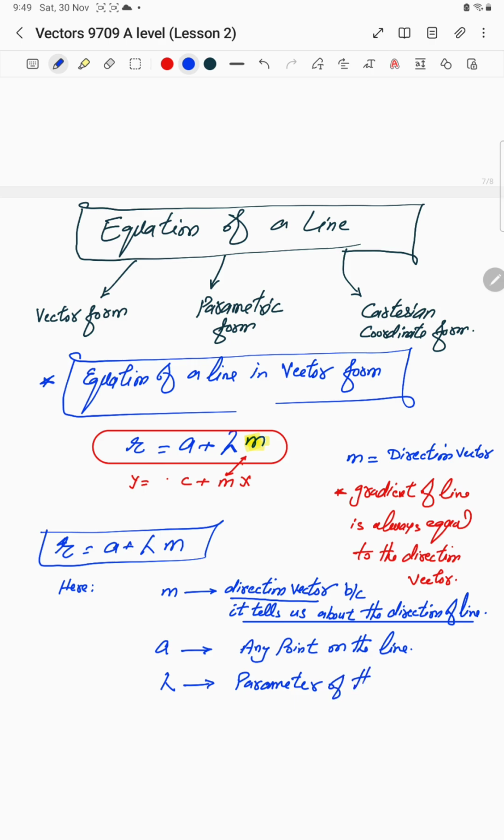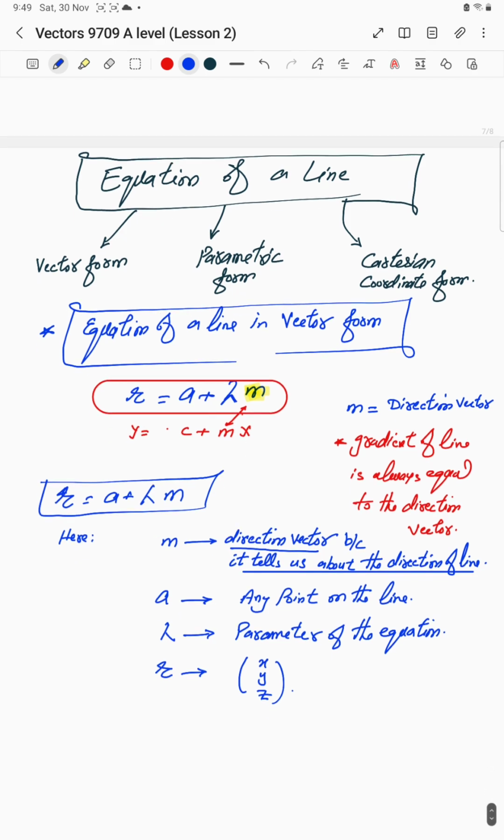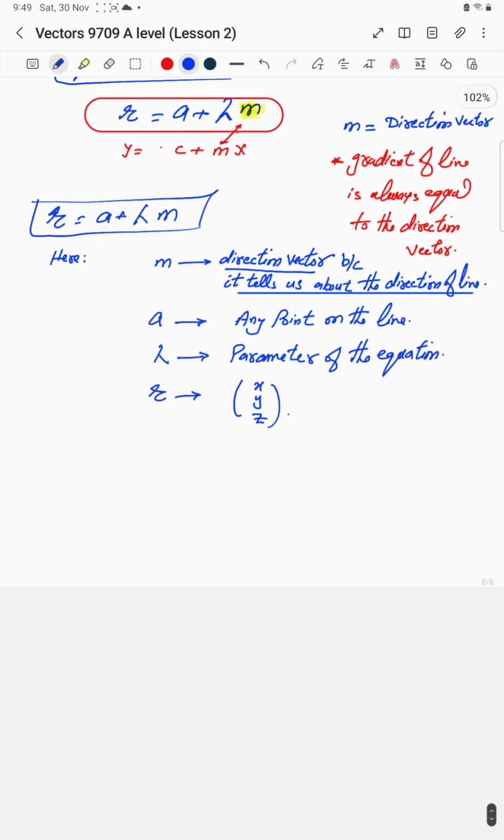And r represents the coordinates, in 3D say x, y and z, the variables of the line.